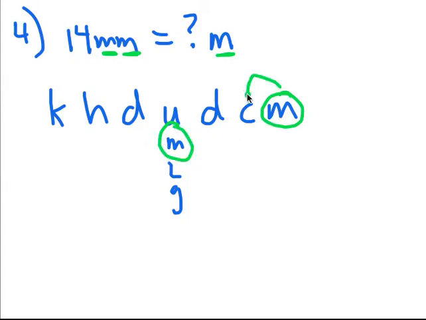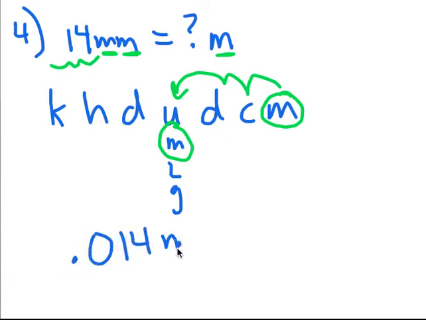So we have to move our decimal 1, 2, 3 to the left. So I take my decimal and I go 1, 2, 3 to the left, and the answer that I write down would be 0.014 meters. So notice I didn't have to show any work for that one. I could just do that problem by sliding the decimal.